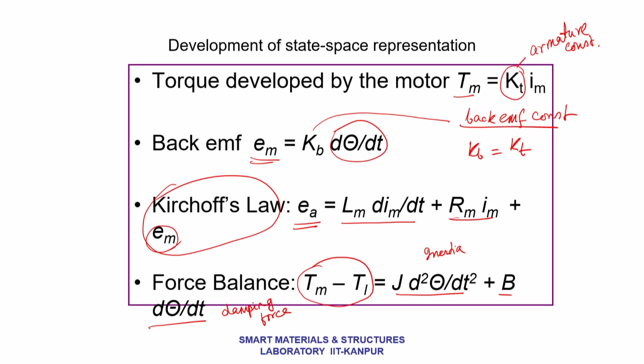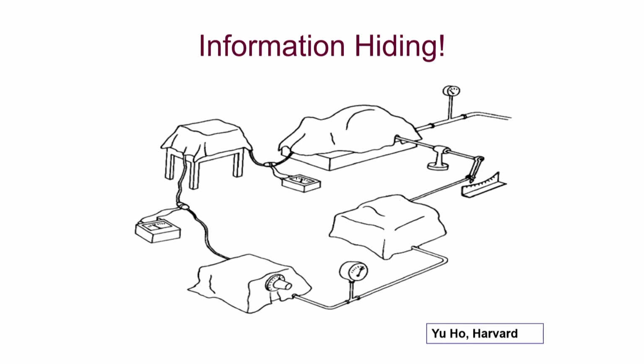I can write these two equations first in the time domain, and later I can also write them in the frequency domain representation. Now, one particular technique that will become important for us is that all these nitty-gritty details we sometimes would like to hide, and simply represent the system as a block diagram.